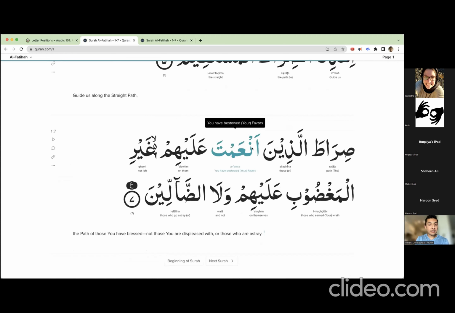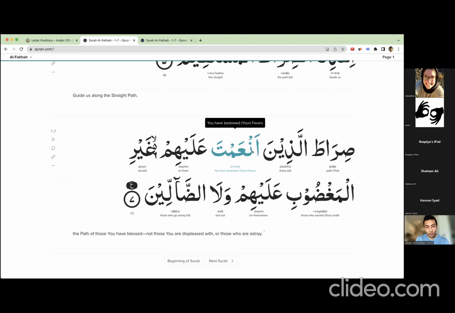In past tense, this is a past tense word, an'amta, in the form of af'ala. You see the word na'am within it. Na'am means pleasure or happiness, and an'am means to render pleasure on something. It's similar to aslamta, or like I have rendered myself salam, at peace with God. I have submitted: aslamtu.